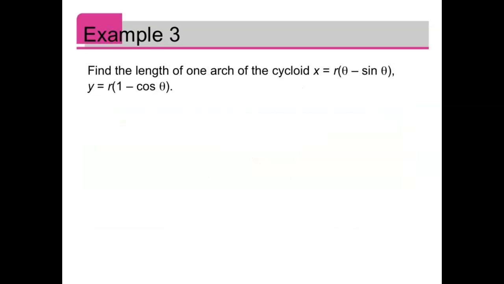Back to our cycloid, we're going to find the length of one arch of the cycloid given by x equals r times (theta minus sine theta) and y equals r times (1 minus cosine theta).